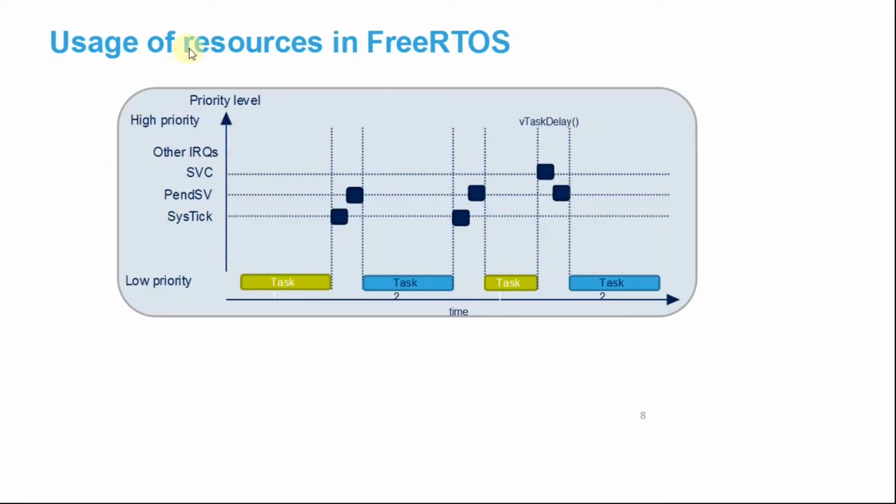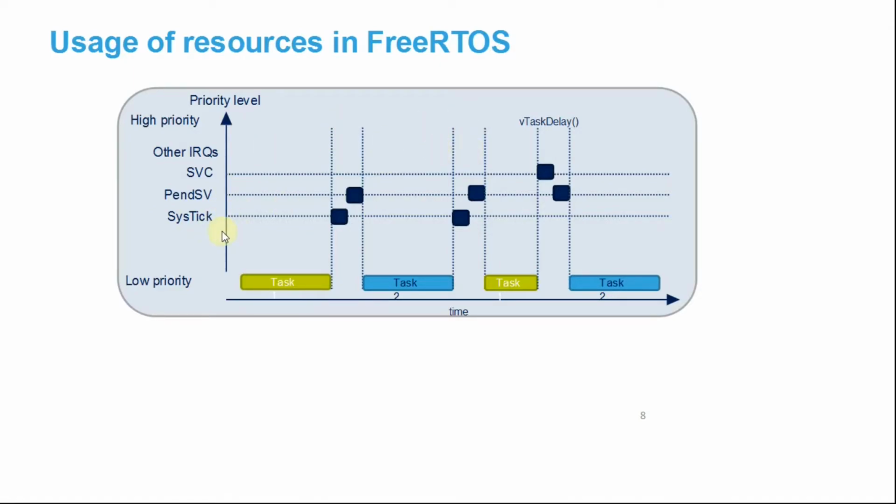Now let's look again at the application that I took earlier to explain how a multitasking application looks like. Now I am going to explain the same application with the resources that I explained in the previous slide. If you look at the execution of the FreeRTOS based on the resources listed in the previous slide, as I told you, the SysTick timer will generate the time slices on an equal interval basis.